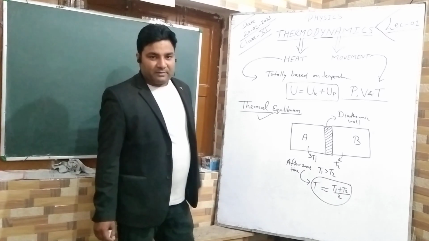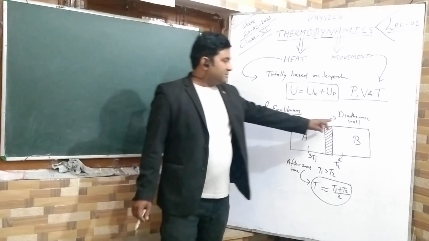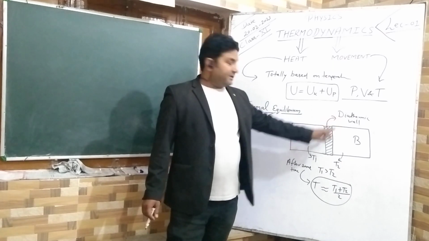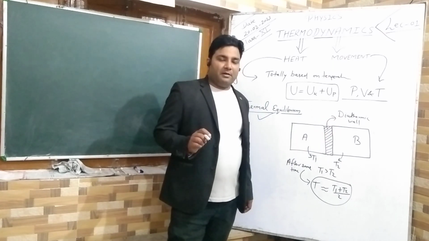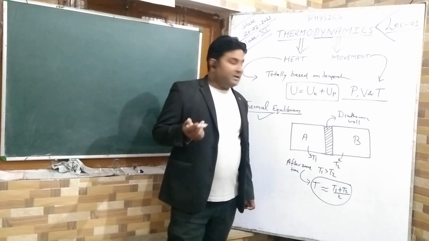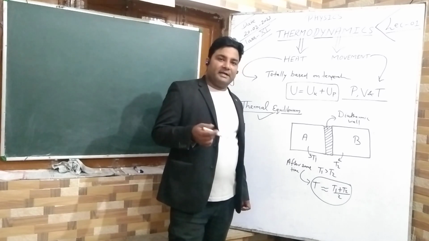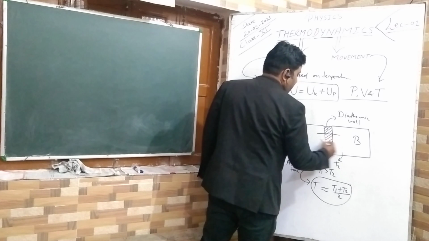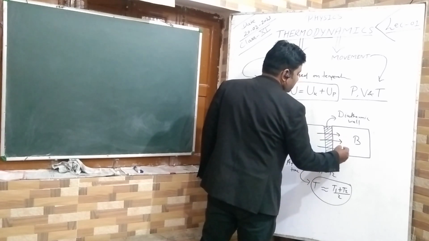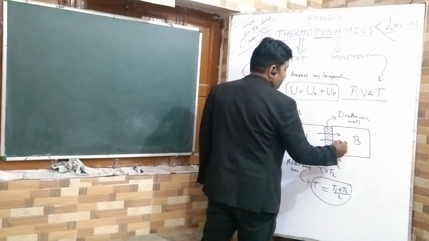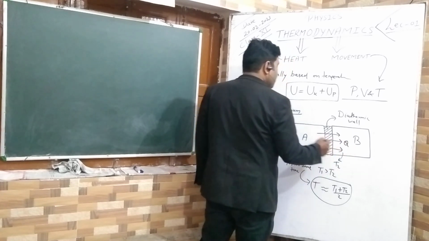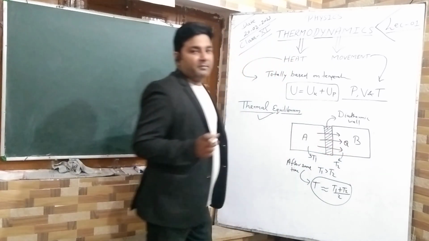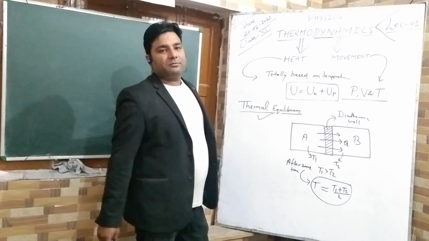This thermal equilibrium is achieved only because of the diathermic wall. A diathermic wall means a medium through which heat can transfer from the hotter body to the colder body. Clear? This is the transfer of heat, represented by Q, and it always flows from higher temperature to lower temperature.